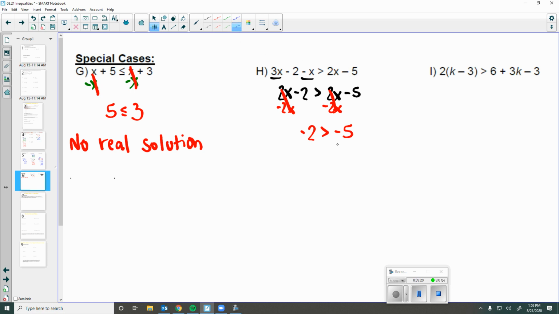Now let's think about that for a second. -2 greater than -5. We have negative numbers, so this is actually a true statement. Since we are left with a true statement, we have the same as what it was yesterday, that it is infinite solutions. And then we're going to skip that last one, just because those are only two special cases that we're really going to see.